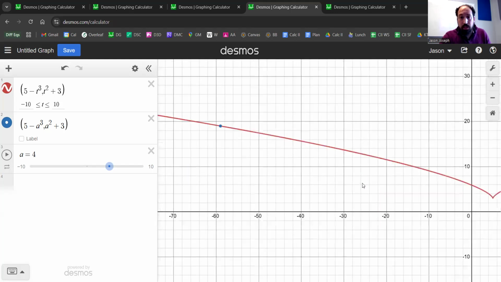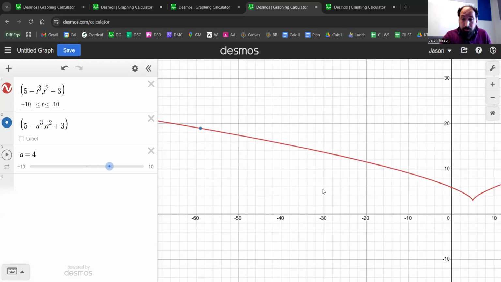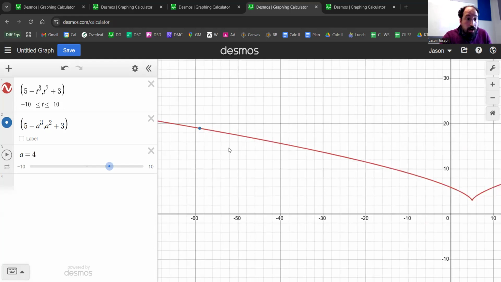We knew that because the second derivative was negative, going back to Calc 1. And I graphed it with the little slider, and when t is exactly 4, that's the point we're at, and we know it's concave down there. That's the sort of thing you can look at and figure out about the graph knowing the second derivative.